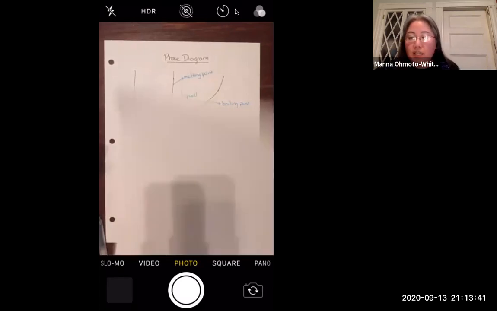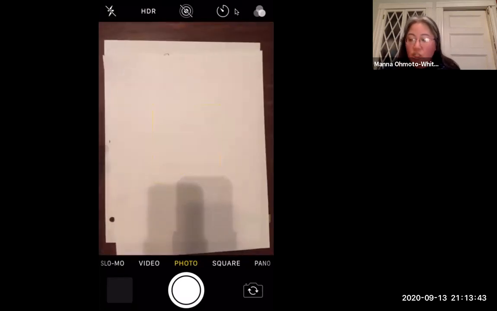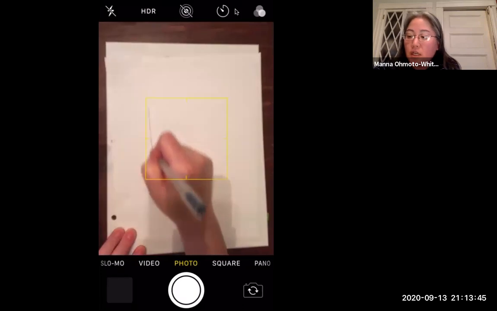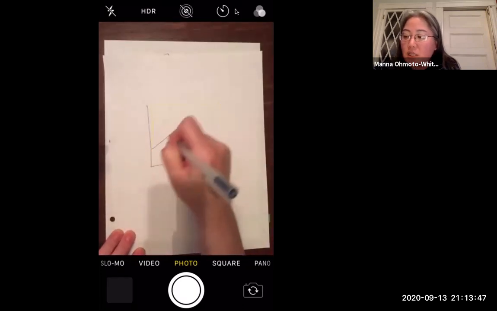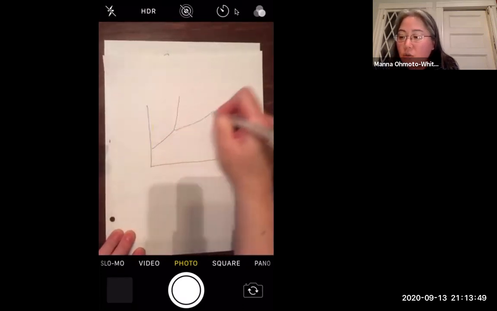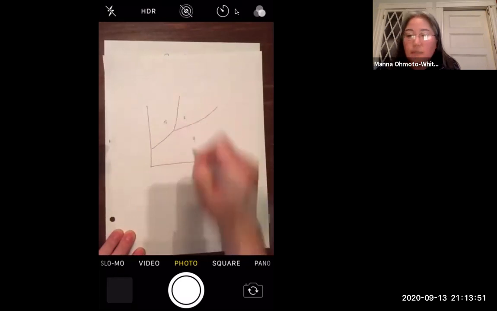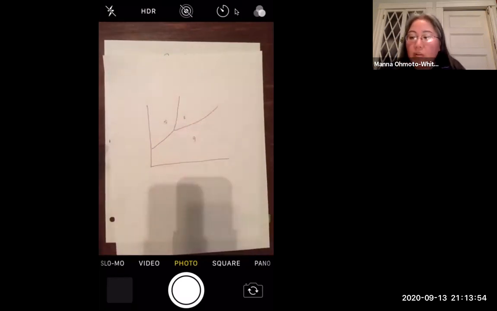Now let's look at what would change depending on different substances: solid, liquid, gas. Remember that whenever we're changing states of matter, we're overcoming intermolecular forces of attraction.